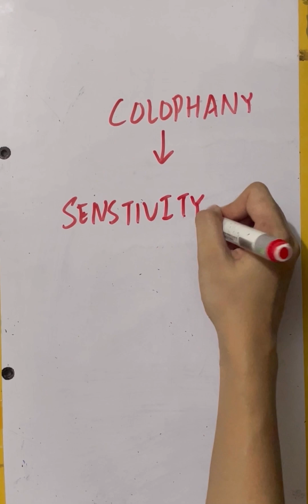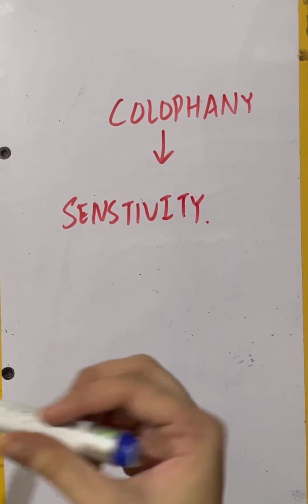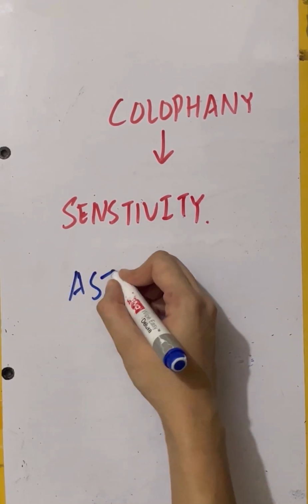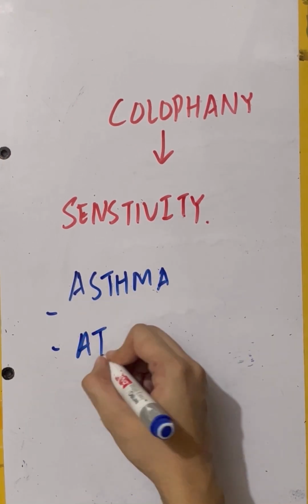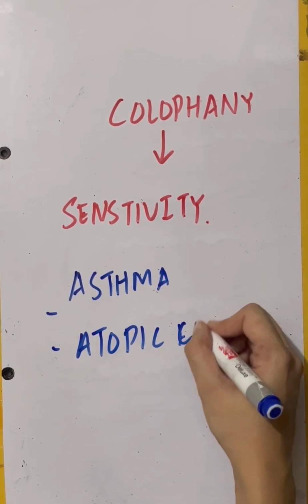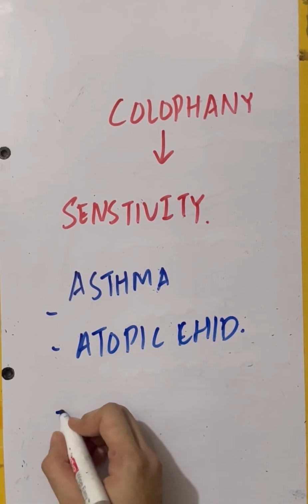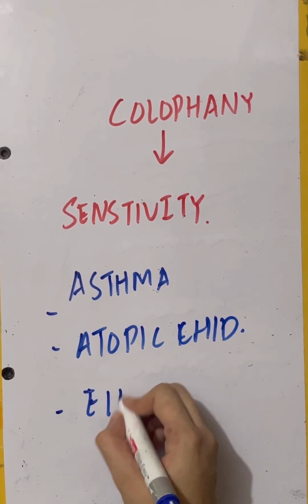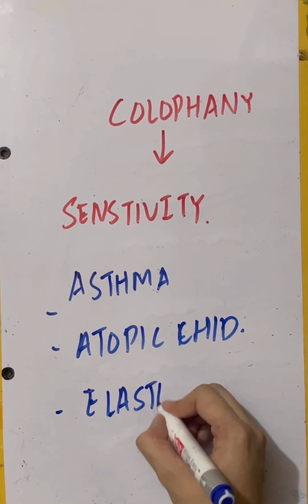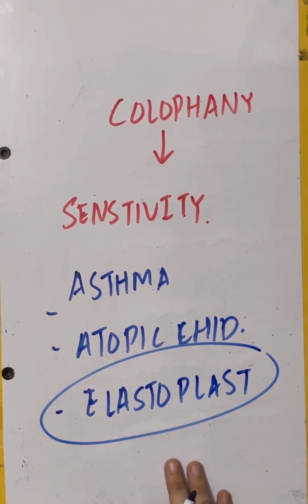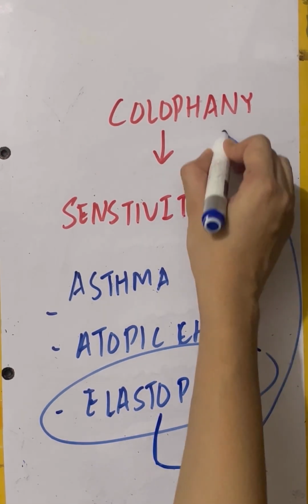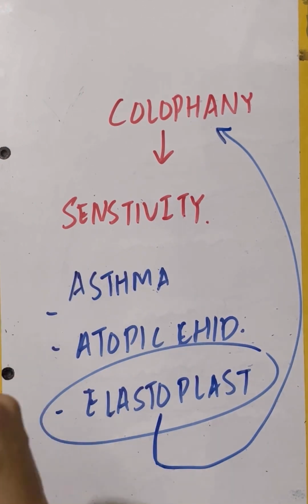So varnish is prohibited in patients with asthma, atopic children, and those who have an allergy to elastoplast, because elastoplast also contains colophony. So if they are allergic to elastoplast, it means they are also allergic to varnishes.